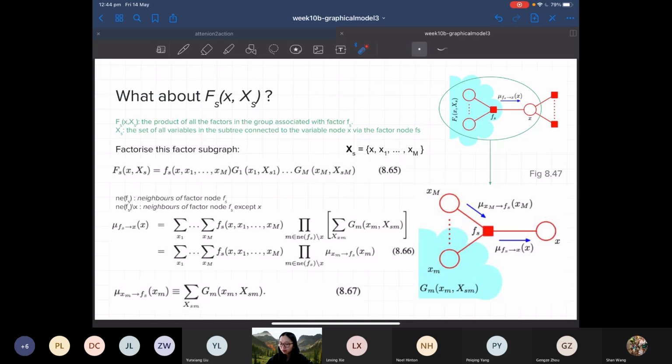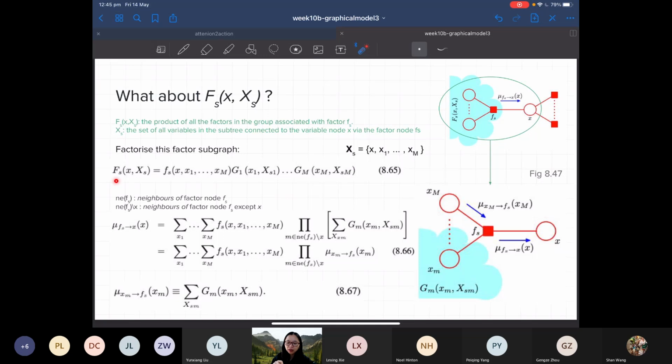There's big M number of them, and I'm just going to call these terms G. This capital F and capital G notation is only required for mentally deriving the sum product algorithm. When we implement them, we only need to work with these mu terms, which we keep track of.